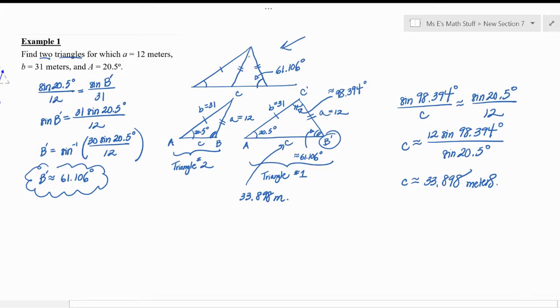Well, you can see this isosceles triangle here on the right side. So if that one's 61.106, then that one is also 61.106. So it's actually just a little bit of geometry that helps you figure out the measure of this angle right there. So you could just take 180 and subtract off 61.106.